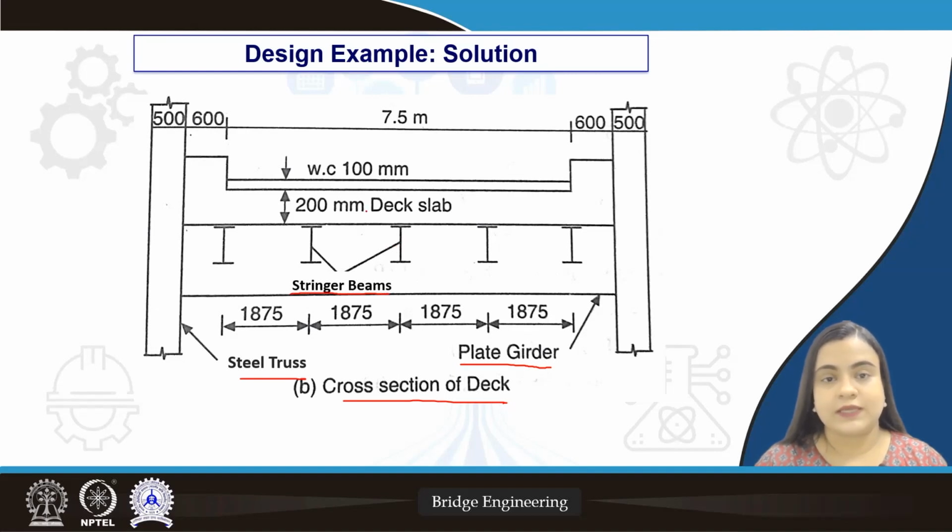Then we can see the deck slab marked as 200 millimeter depth, wearing coat of 100 mm thickness, curb width 600 millimeter. The stringer beam has a spacing of 1.875 meter uniformly. Also, the carriageway width is marked as 7.5 meter.